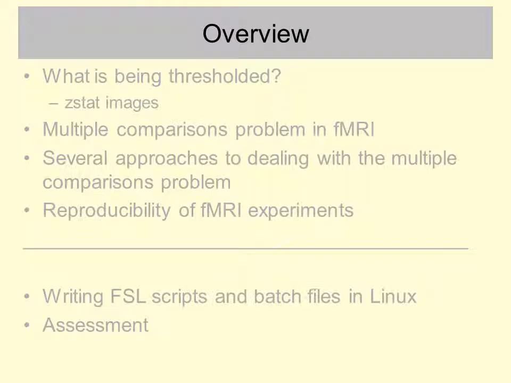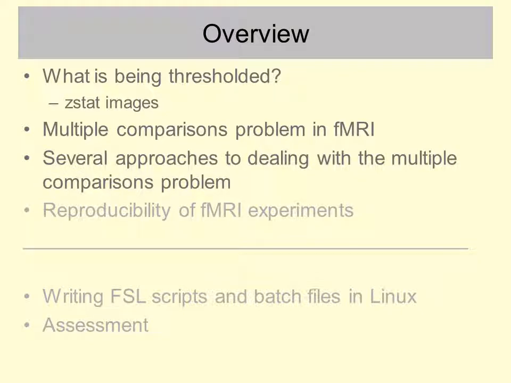This is just an overview slide. We'll remind ourselves what it is that we're performing the thresholding on, i.e. the Z-stats. We'll remind ourselves of the details of the multiple comparisons problem, which is the main issue you have to deal with when choosing your thresholding methods in fMRI.